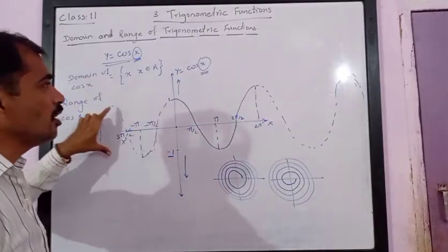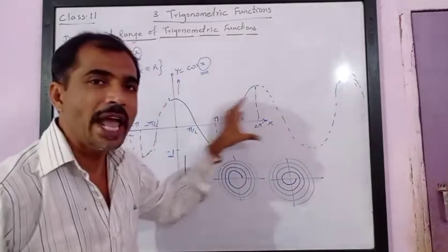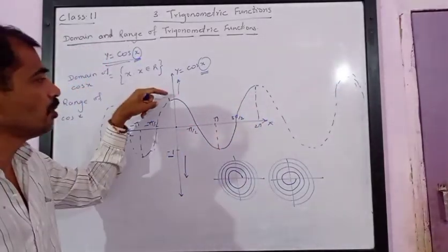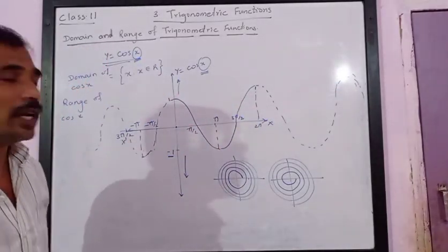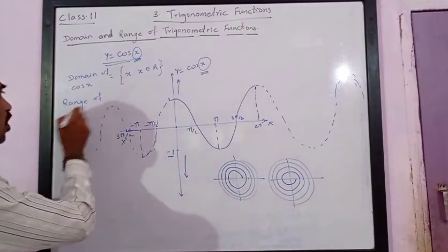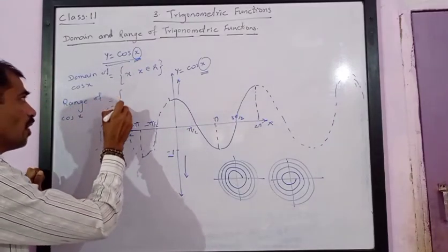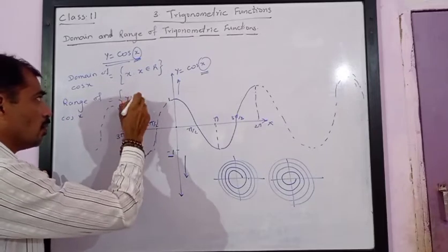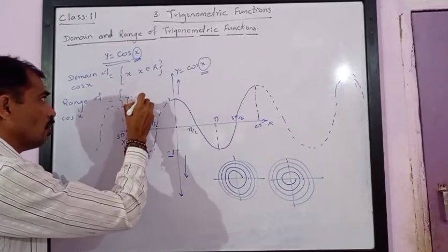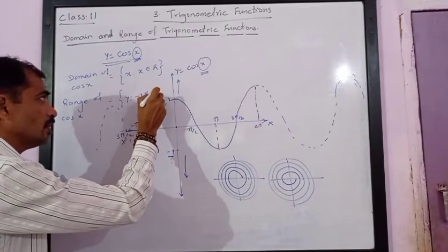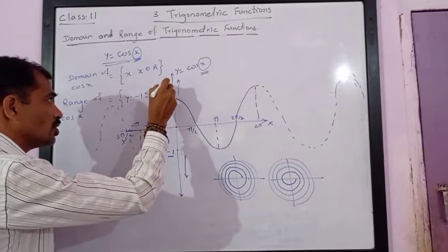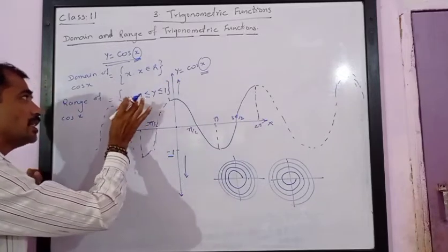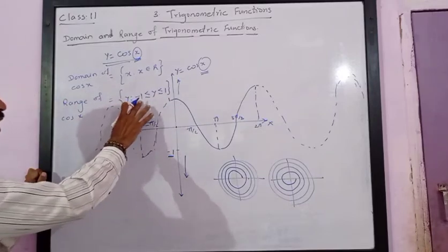It means for all angles, y is always between positive 1 and negative 1. Hence, the range of cos x is the set of y such that y is greater than or equal to negative 1 and less than or equal to positive 1. So y is always between negative 1 and positive 1.